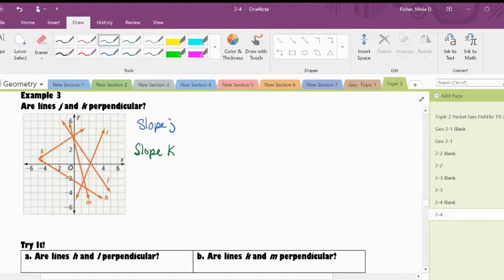I'm going to use this point right here, which is at 1, 2. And we will use this other point on J. Let's find this one over here.